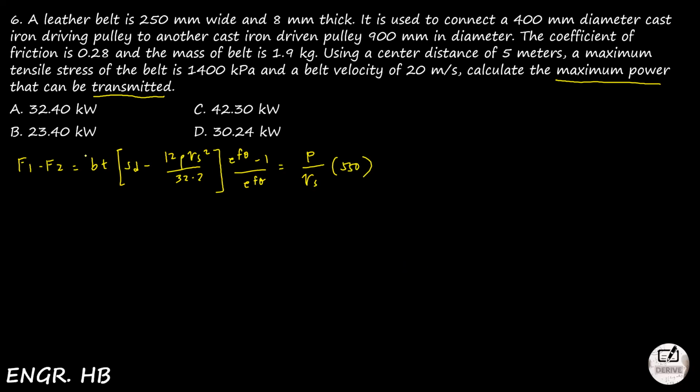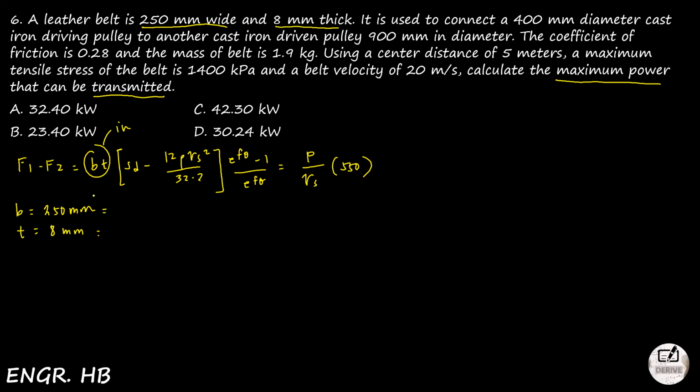So as I said earlier, B and T should be in inches. So let's first look for the belt width and belt thickness. It says here a leather belt is 250 millimeters wide and 8 millimeters thick. So we can say B is 250 mm, and thickness is 8 mm, and they should be converted to inches.